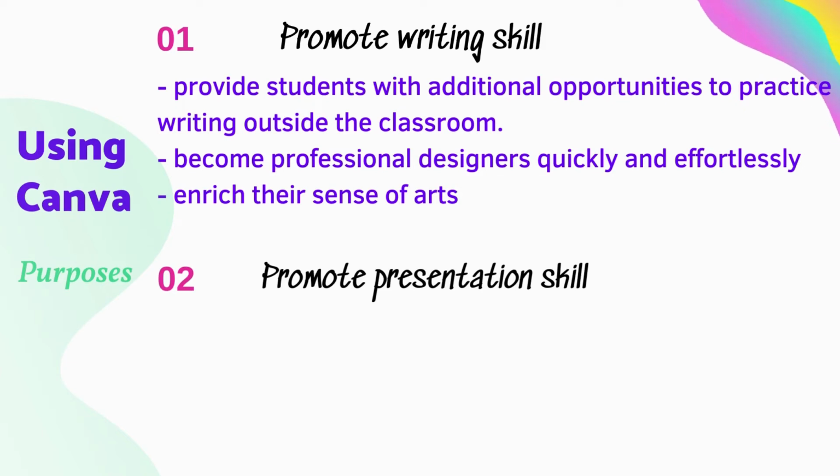With thousands of templates, designs, graphics, and images, students can become professional designers quickly and effortlessly. Also, students can enrich their sense of art. By doing some art activities, students can be encouraged to express themselves and be creative, and then they can build confidence.